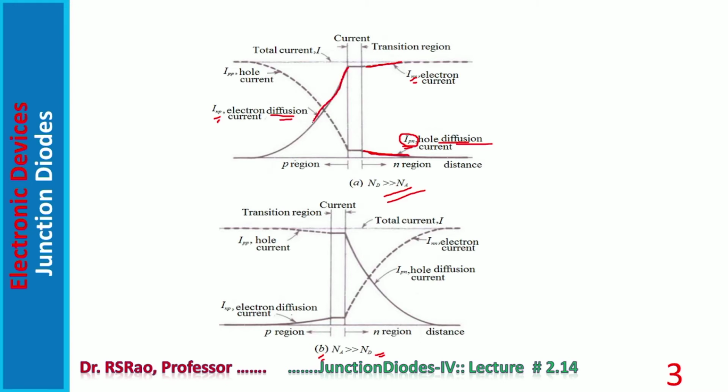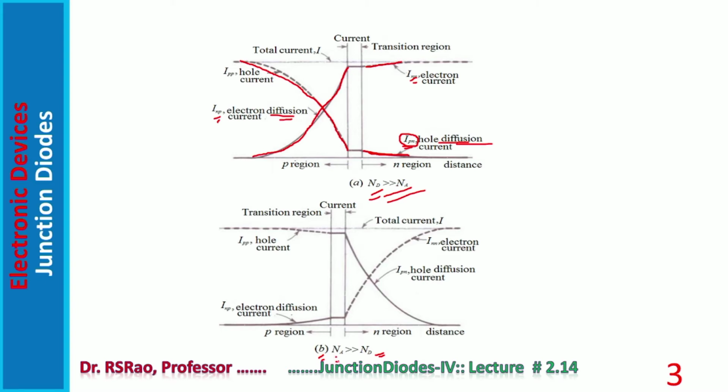This is the exponential fall. As majority carrier current plus minority carrier current has to be equal to the terminal current, and as minority carrier current is falling exponentially, majority carrier current has to rise in the same exponential manner. And this is the situation when ND is very, very large when compared to NA.